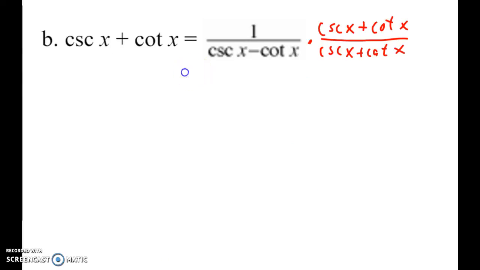Now, using the idea of the conjugate, I thought of another more efficient way to solve this problem. So multiplying by the conjugate on both sides, in the numerator we get cosecant x plus cotangent x all over the difference of squares.